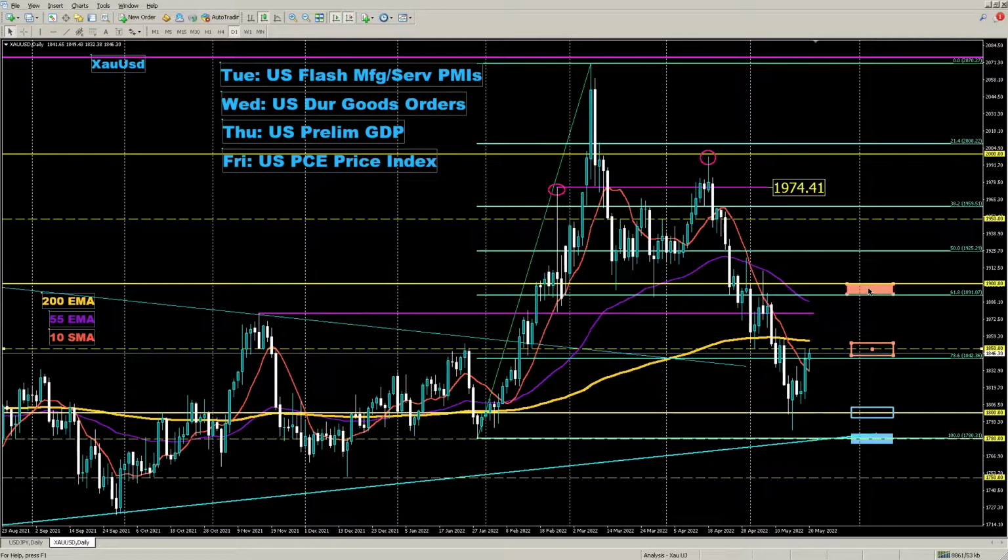And above that at the 1900, along with the 62 FIB of this retrace lower.